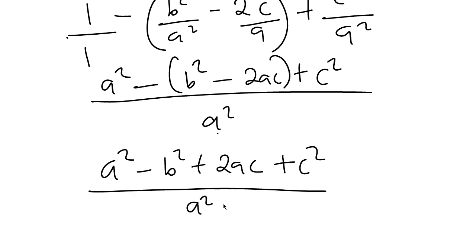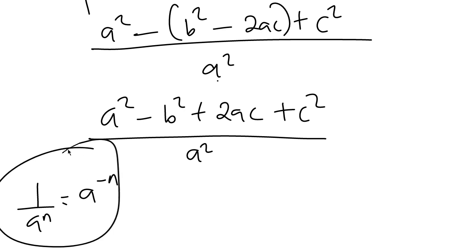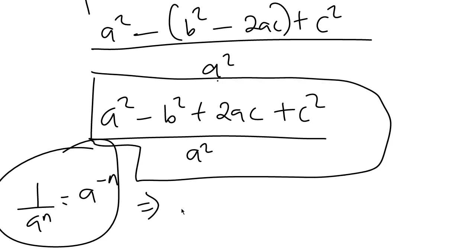a squared. And then according to the law of indices, when you have 1 over a to the power n, it is equal to a to the power what? Minus n. Do you get? So this expression here can be rewritten as a to the power what? Minus 2, because this is like (a squared minus b squared plus 2ac plus c squared) times 1 over a squared, because a squared is under.